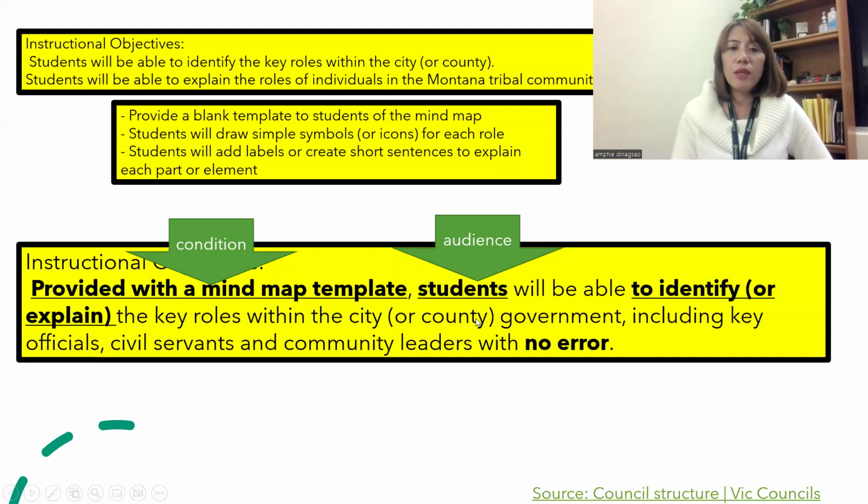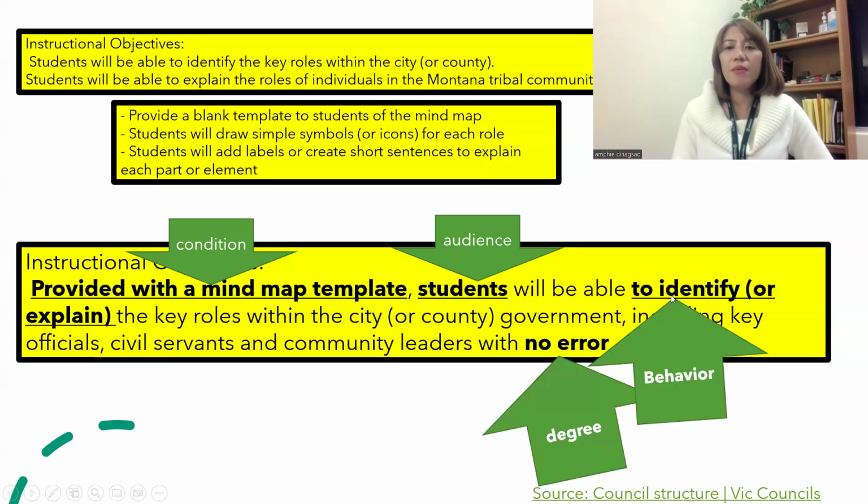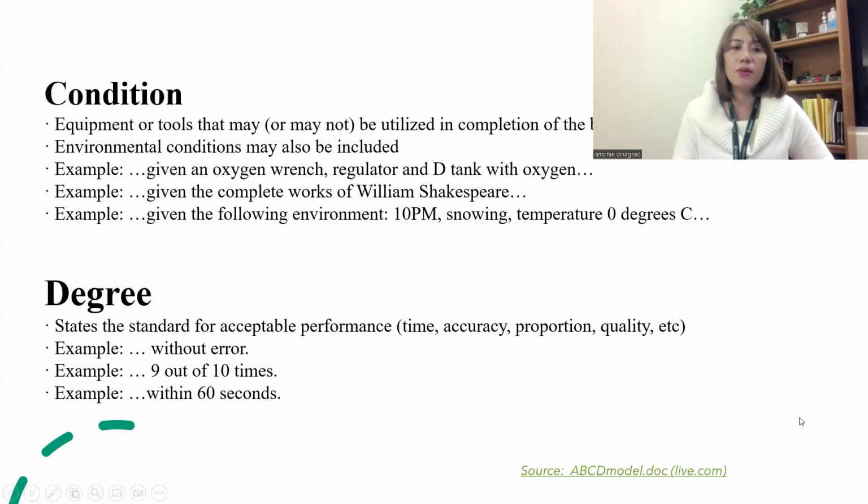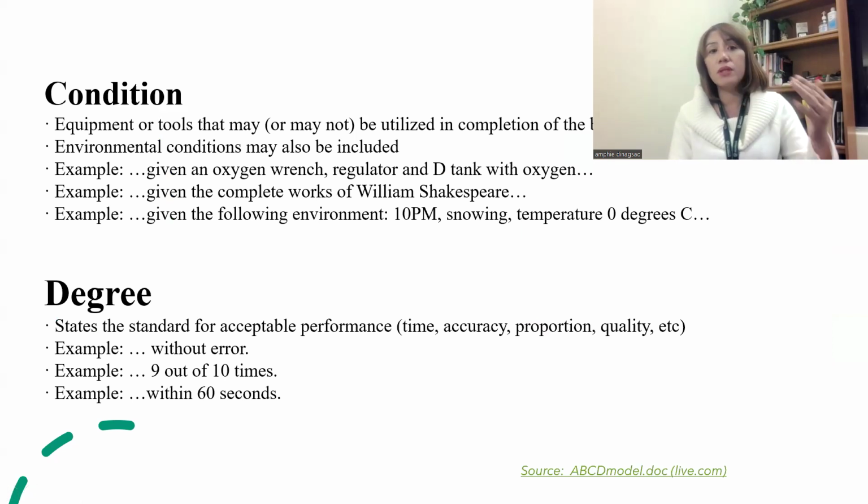Provided with a mind map template, students will be able to identify or explain the key roles. That's the behavior. "With no error" is a degree. The degree is to what extent you are expecting the students to demonstrate this behavior, and to what quality. These are examples of condition. These are examples of degree.